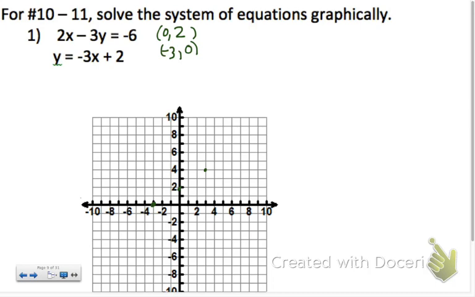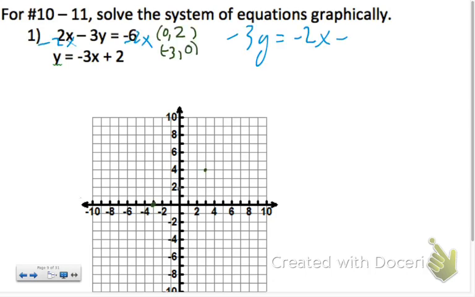The other thing to do with this type of equation would be to write it into y equals mx plus b form. So here I would minus a 2x on both sides, and that gives me negative 3y equals negative 2x minus 6.